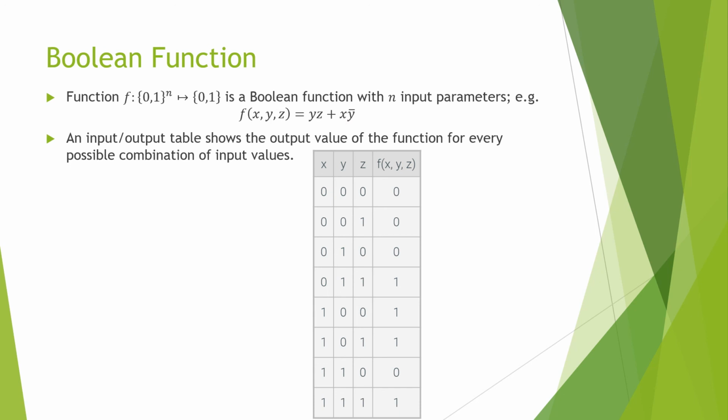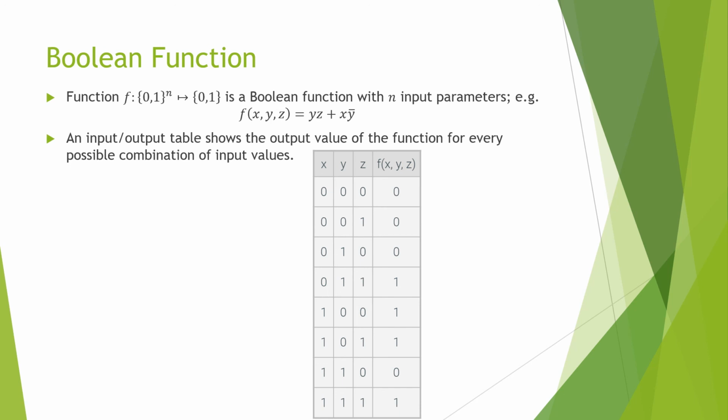Previously, I have shown you how to evaluate a Boolean expression when the variables are set to constants like 0 or 1. So using those evaluations, you can construct a table that we call an input-output table like this, that shows the output value of the function for every possible combination of input values.